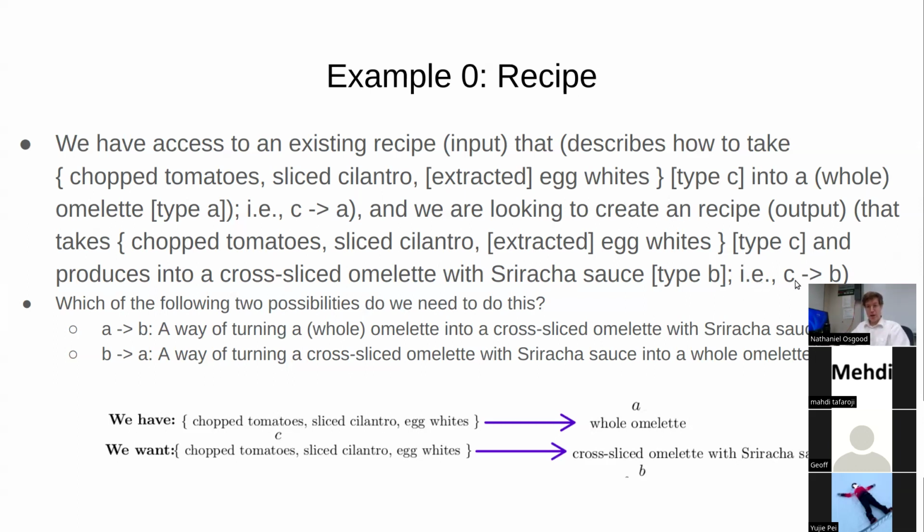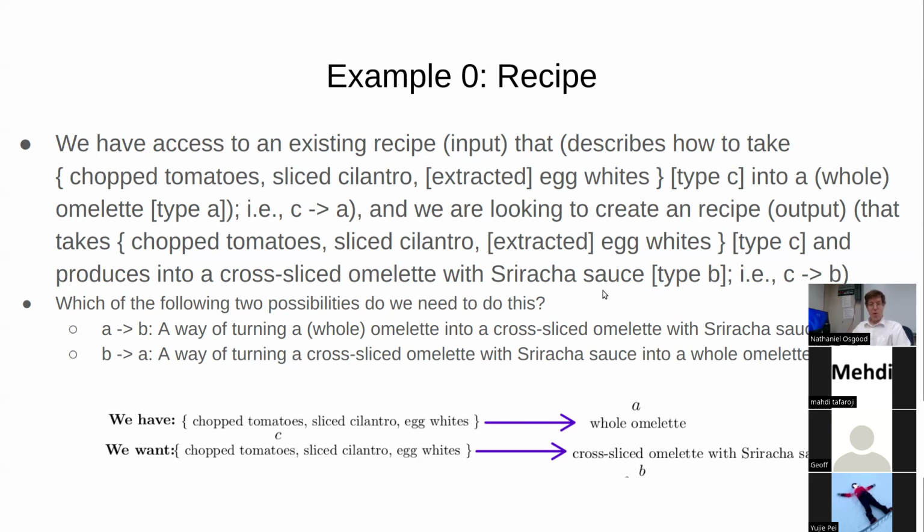Okay, we'll call that type B. Are we okay with this idea? So we're going to have the same recipe, but instead of getting an omelet, we want that omelet, but we want to spiff it up. We want to slice it up and put some sauce on it and so on. Call it C to B.